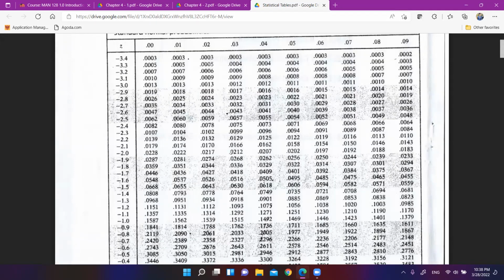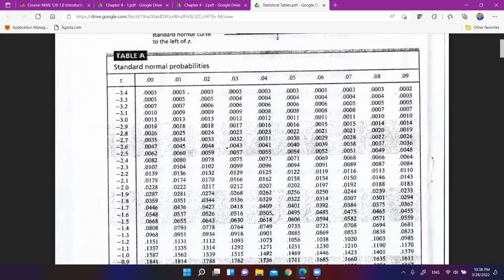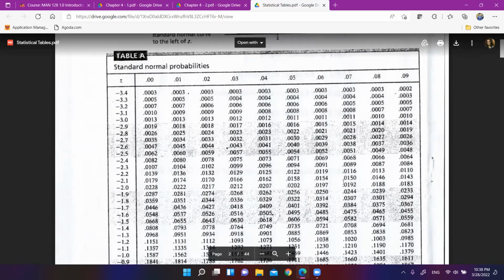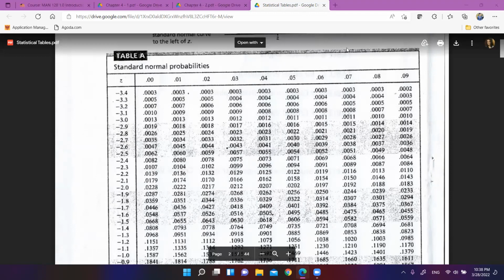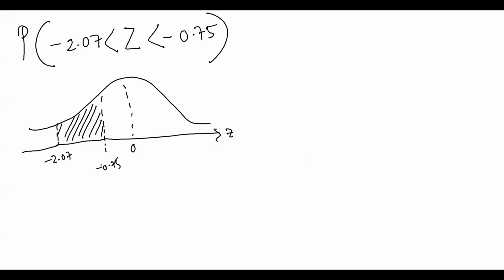Negative 2.07 is 0.0192. This value is this area, so I know this area now.